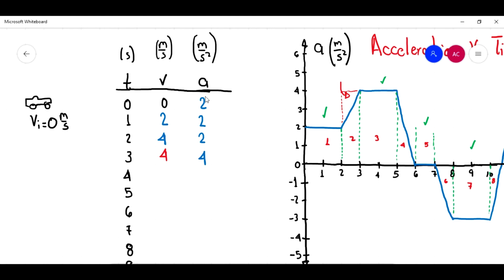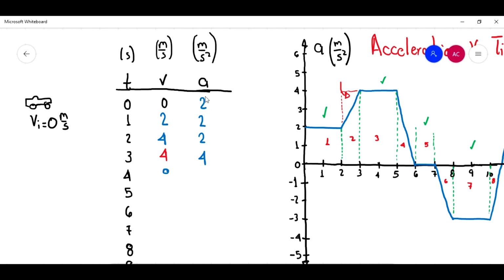So from this point, if you see, at second number 4, now the acceleration is 4 meters per second square. So the next second, I'm going to add 4, because the acceleration is 4 meters per second square. That means it's going to increase 4 meters per second each second.